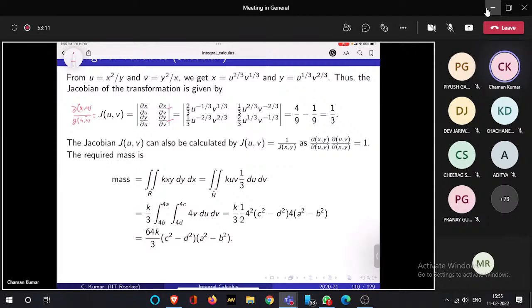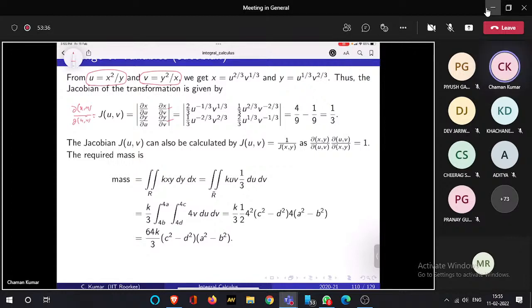First of all, solve this for x. You have two variables x and y, and two equations, u is equal to x squared over y and v is equal to y squared over x. So you can obtain the values of x and y in terms of u and v.